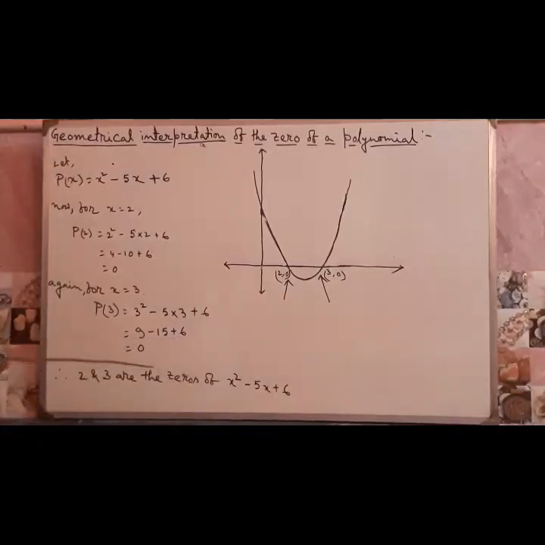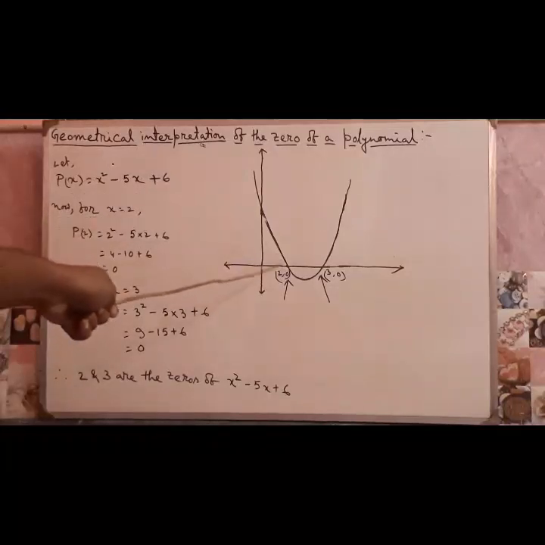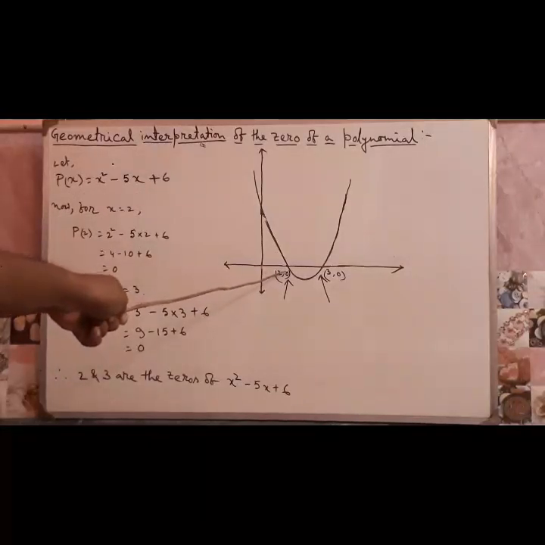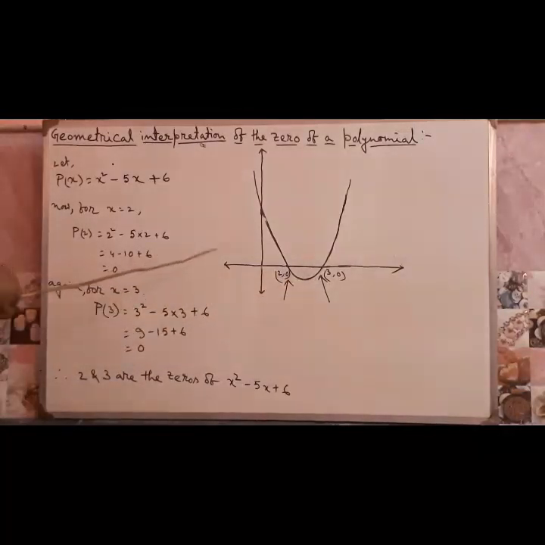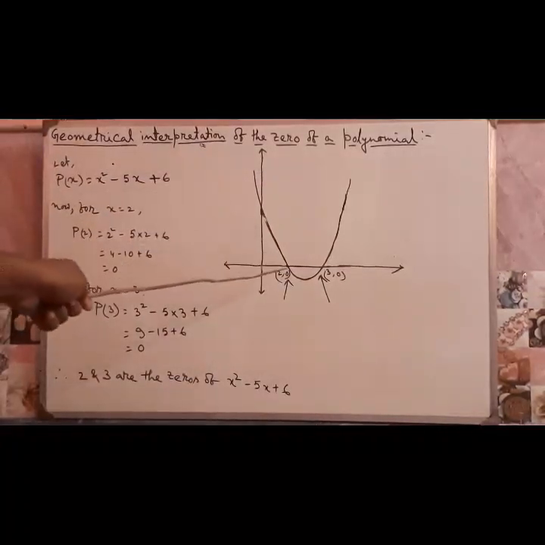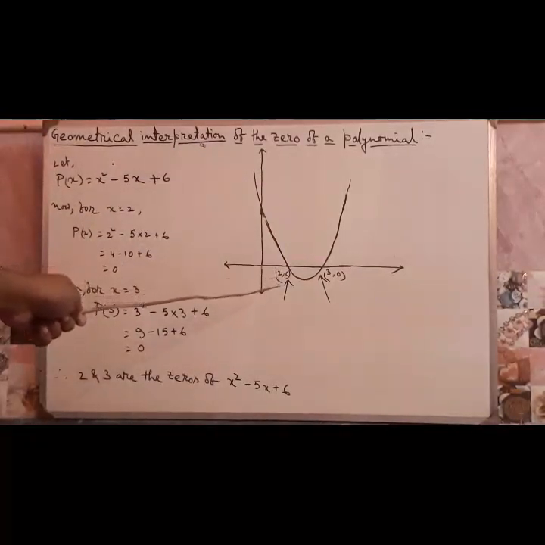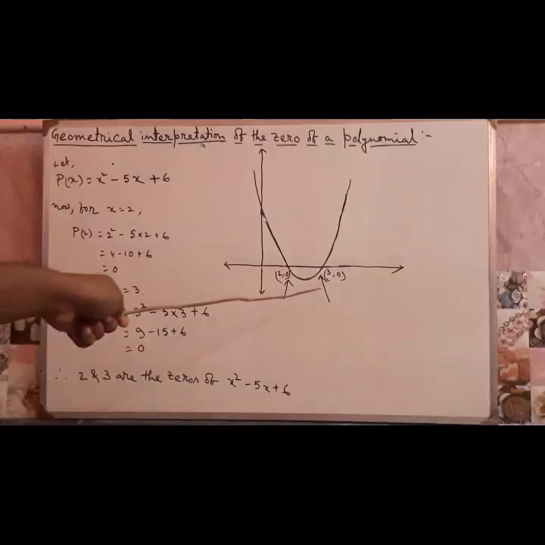Then what is the geometrical significance of these two? If we draw the graph of this polynomial, it will intersect the x axis at x equal to 2 and at x equal to 3.